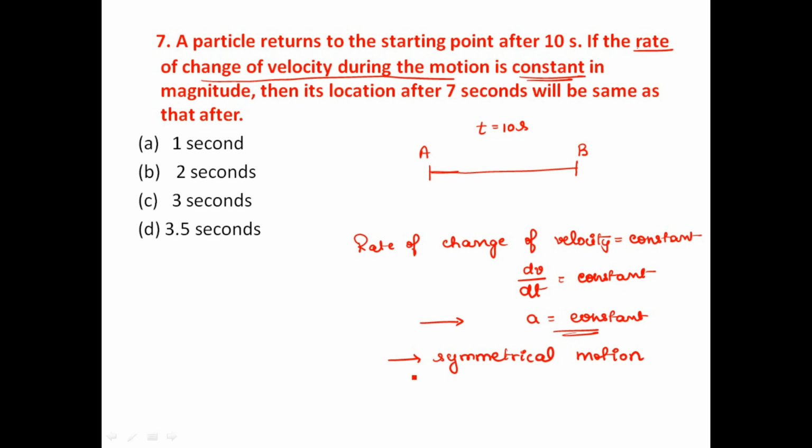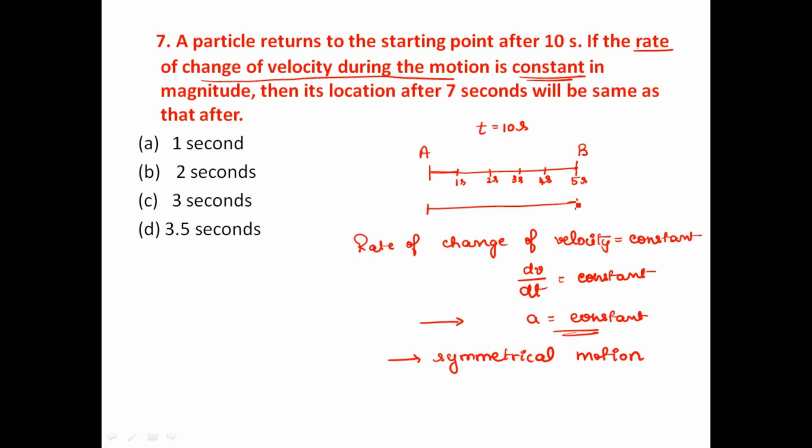So what will be the displacement after 7 seconds? It is marked here in the diagram. So after 1 second the object comes here, after 2 seconds the object may reach here, 3 seconds the object might reach here, after 4 seconds the object can reach here, after 5 seconds it might reach here. Then from B, it is going to return back to A, right? Total time taken is 10 seconds. That means 5 seconds will be the midpoint of the journey.